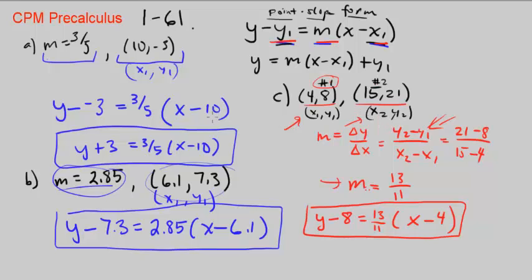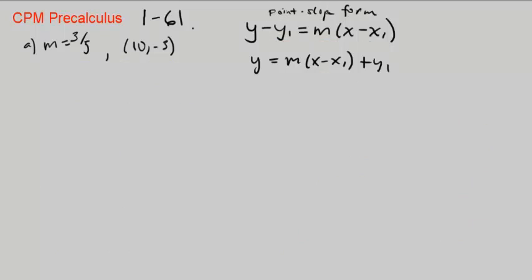Finally, okay, now I'm going to get some more room. In part D, we're given 2 points: (4.3, 6.24) and (5.1, 9.78).